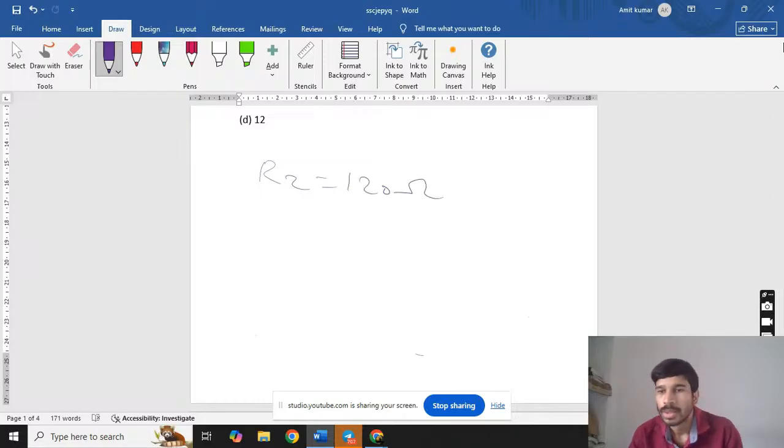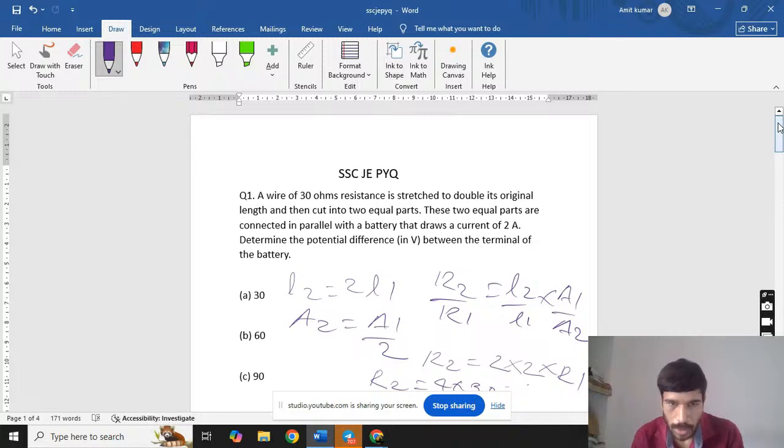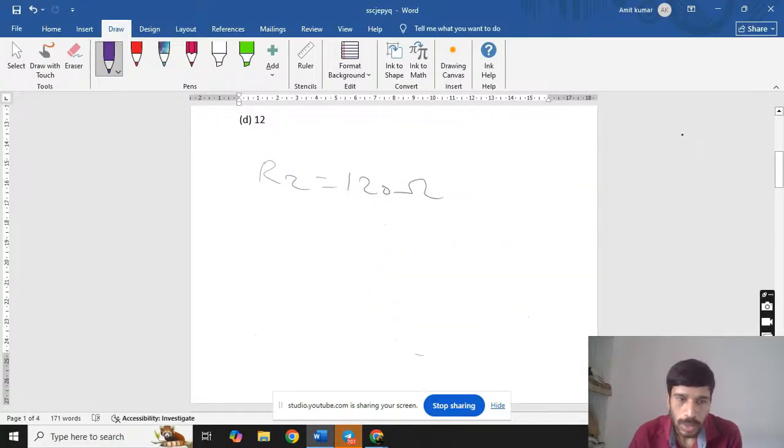And in the question it is given that it is cut into two equal parts, and these two equal parts are connected in parallel with the battery. So we will divide this resistance into two values, 60 ohm and 60 ohm, and we connect these two resistances in parallel, and we will get R equivalent.